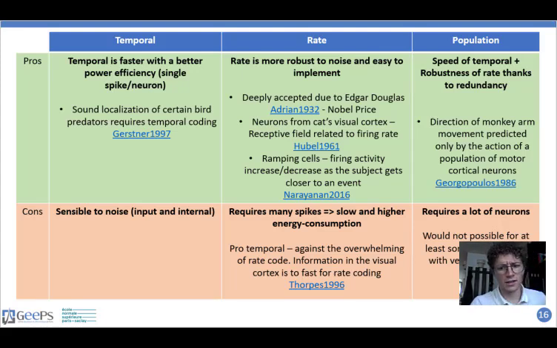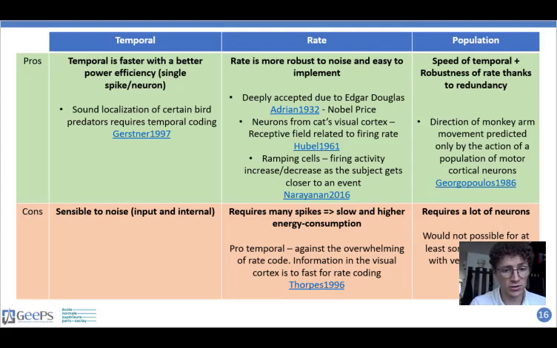So rate code has long dominated the debate. In fact, initially, there were no debates. Lord Adrian, at the beginning of the 20th century, got a Nobel Prize for recording a single neuron. He found that the frequency, or the rate, of the nerve impulses varies with the intensity of the stimulus.